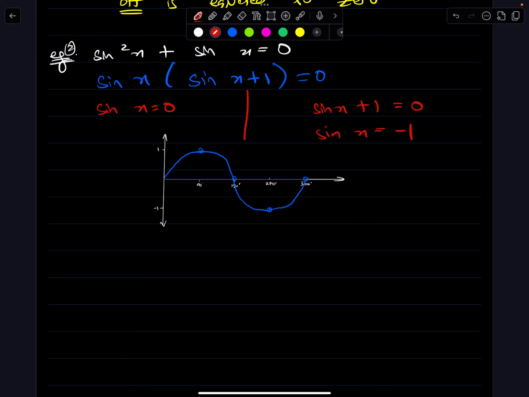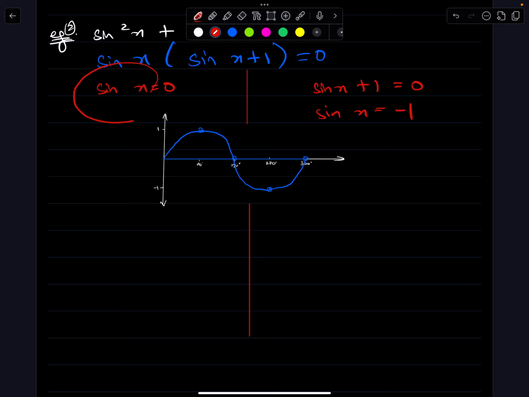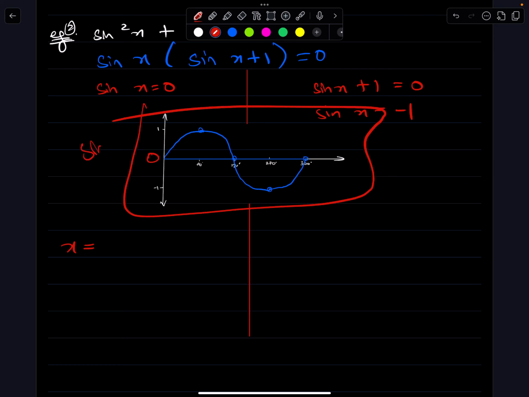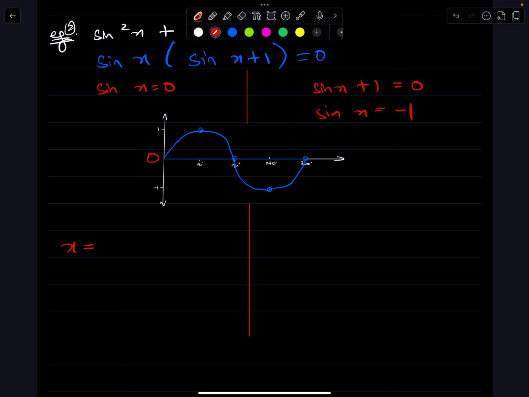Alright, so sin x is equal to 0. Sin x is 0 at, this is the graph of sin x again, and sin x is 0 at 0 degrees, 180 degrees, and 360 degrees.